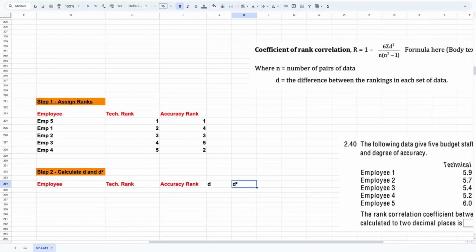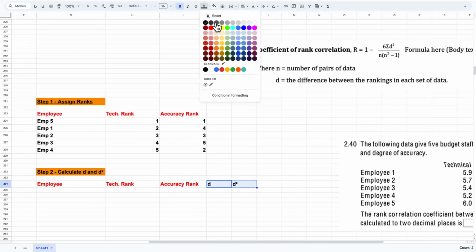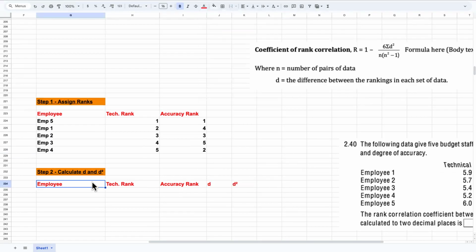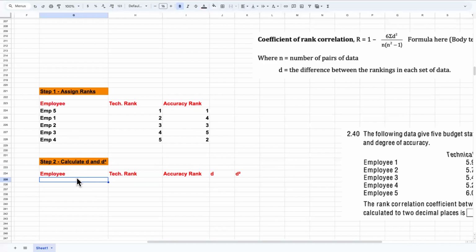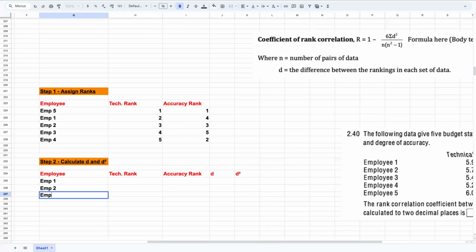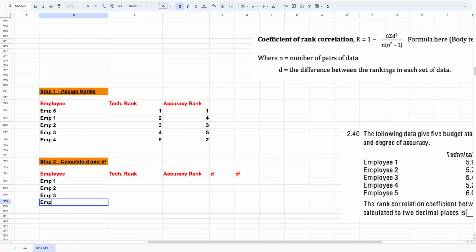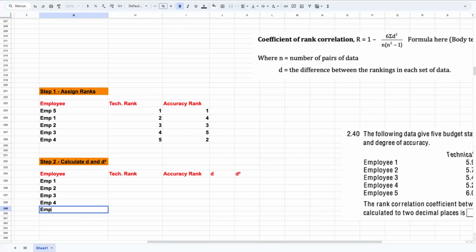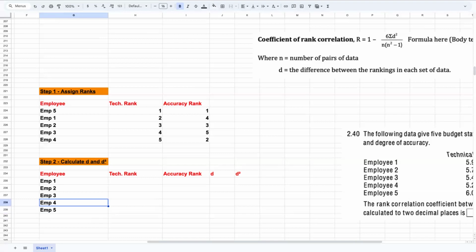Then the D squared values, because we want to know these values for our formulas. So employees, I'm going to categorize as per the name: emp1, emp2, employee 3, employee 4, then employee 5.